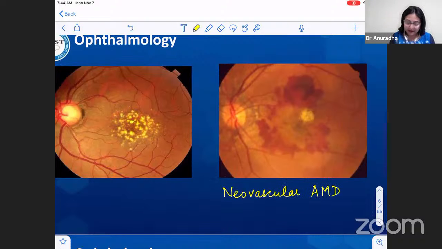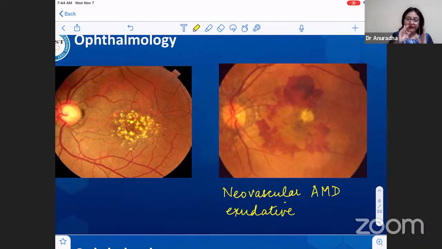Neovascular AMD, age-related macular degeneration. Yes, absolutely right, Selva, about the tamoxifen toxicity in CA breast cases. Now, neovascular exudative AMD, whenever there are new vessels, I always tell you, friends, there is bound to be some hemorrhage, some bleeding.